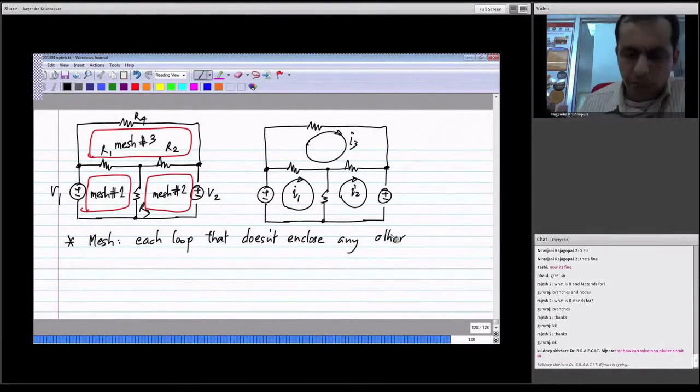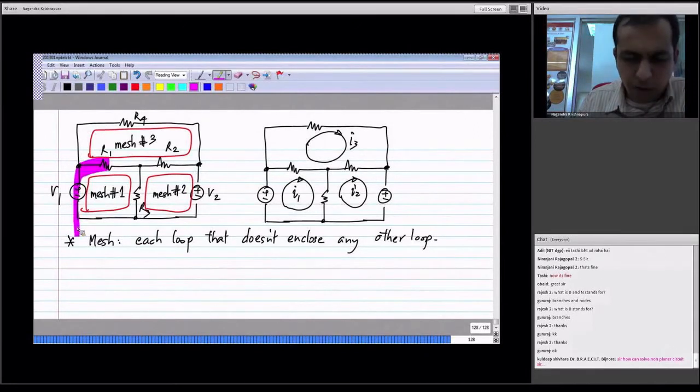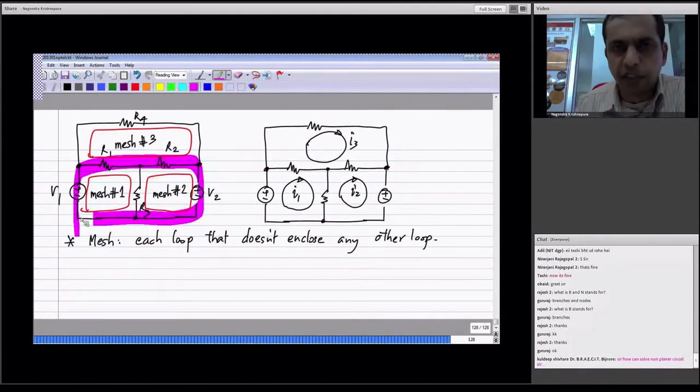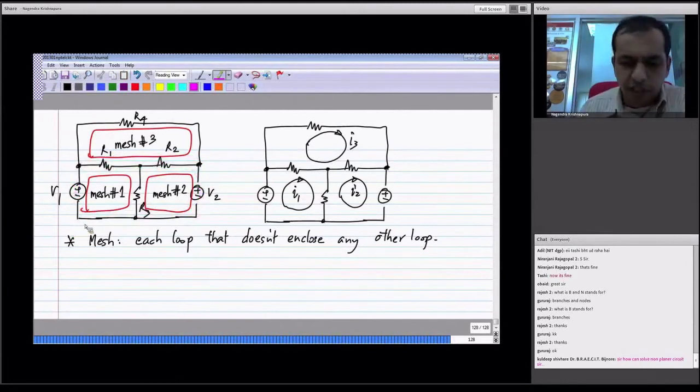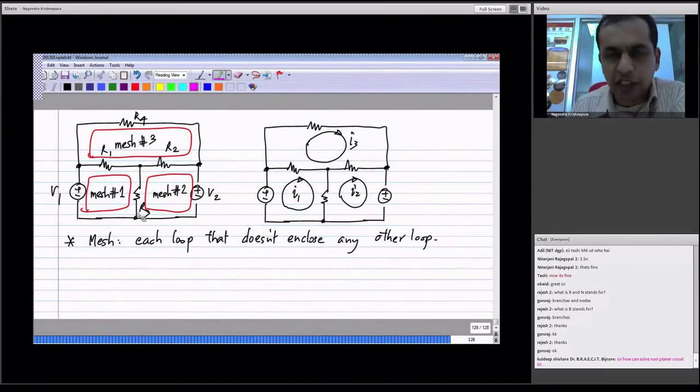What I mean by this is that this is also a loop. So if I take it like this, it is also a loop, but inside this there is another loop. So that is something that we do not consider a mesh. So for a planar circuit, the definition is unambiguous. Each mesh is a loop that doesn't enclose any other loops. And with each mesh we can identify a current.